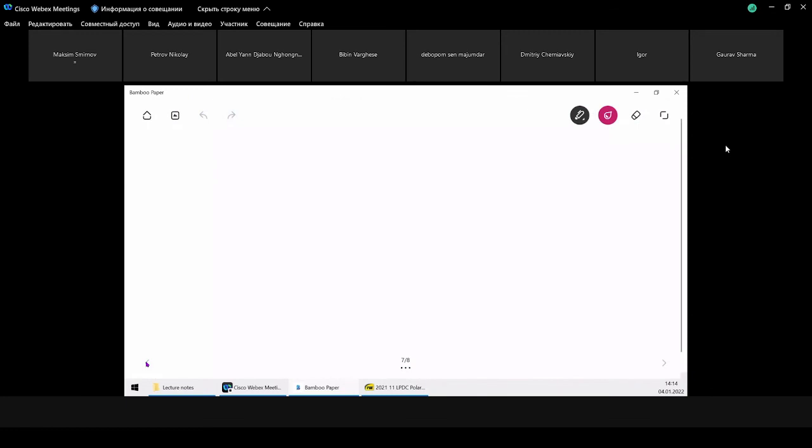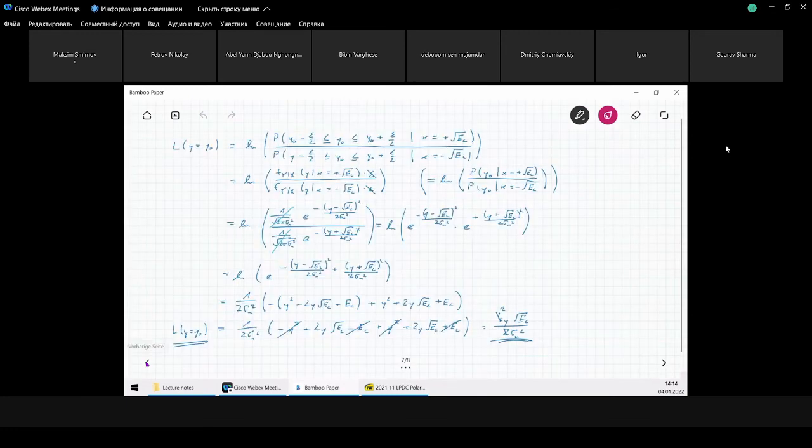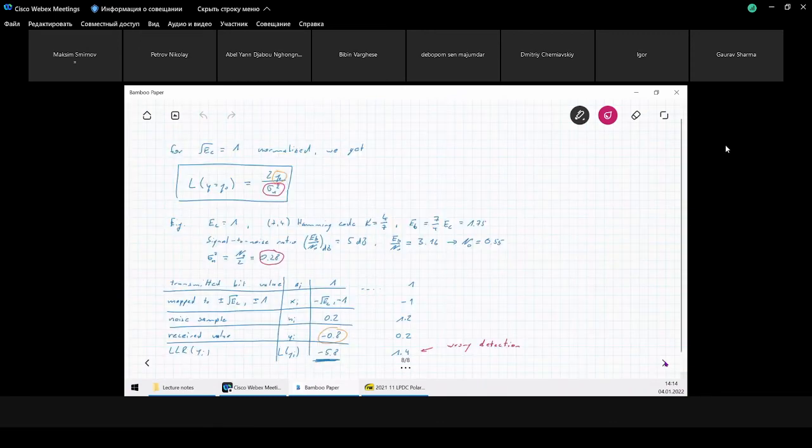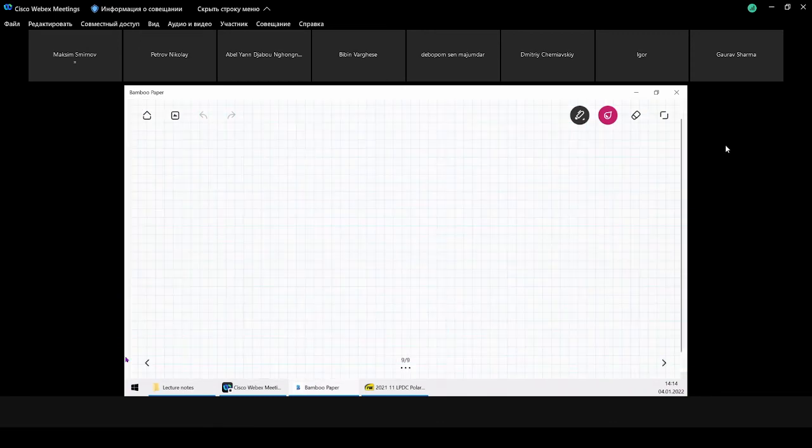Let's go back one slide. Here, the log likelihood is the ln of the ratio of the probabilities. So I could also solve this for the probability that a plus square root EC was transmitted and calculate this in terms of the log likelihood ratio. It's basically just turning the equations around, which is sometimes also needed and useful.